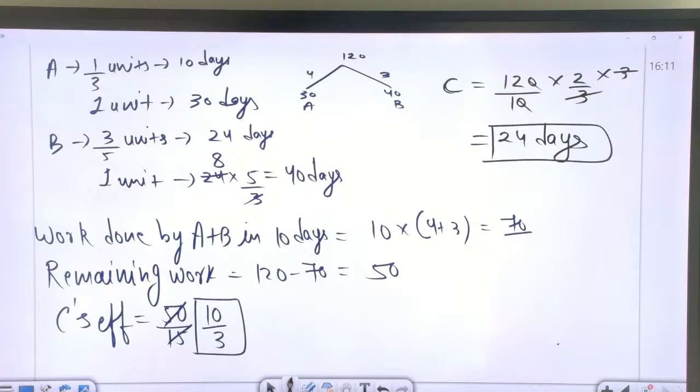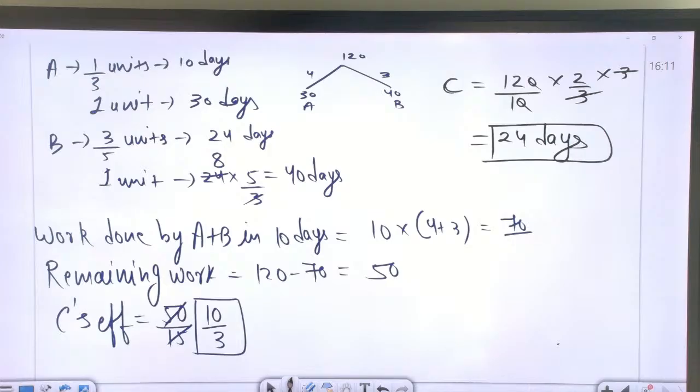B can do 2 by 3rd of the same work in 12 days. Full stop.